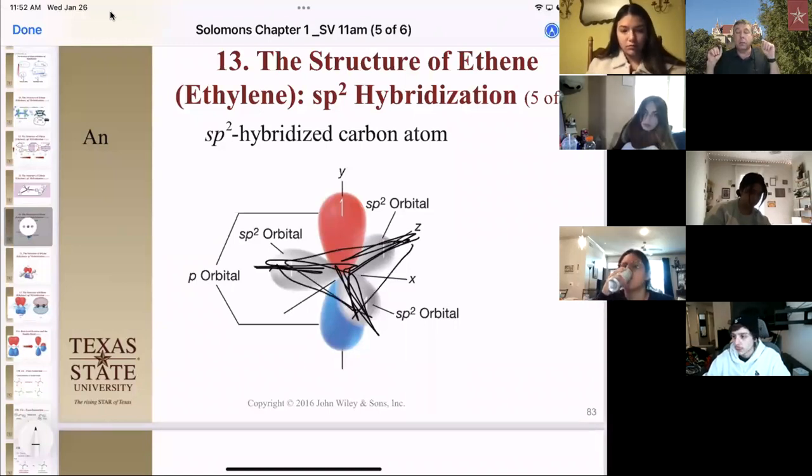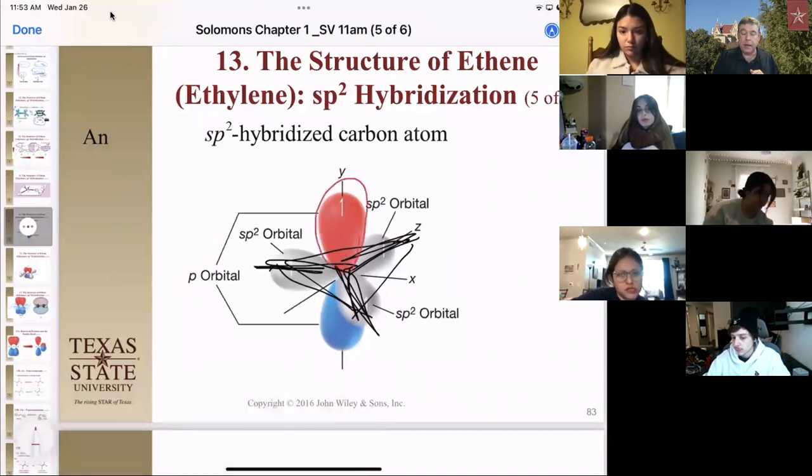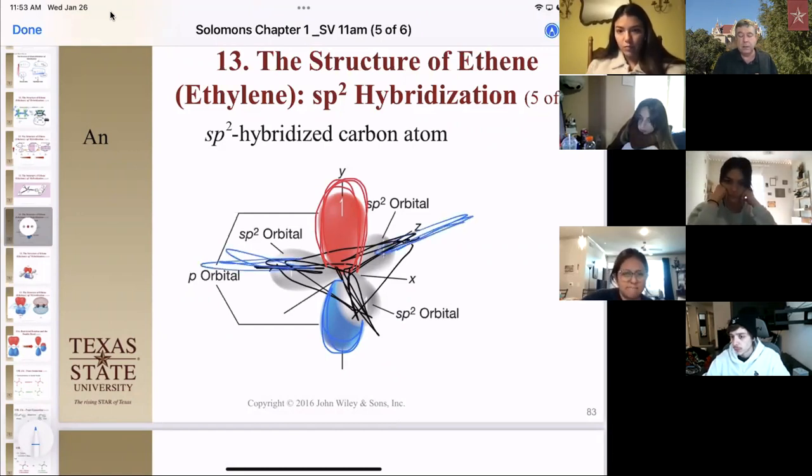And our p orbital, which is equal on both sides, is going to be equally above that plane and below that plane. It's going to spend half its time above, half its time below, just going back and forth, okay? So now we see our structure where we can do direct bonding with these orbitals, and then we can use those p orbitals to overlap with other p orbitals to give us our overlap bond or our pi bond.